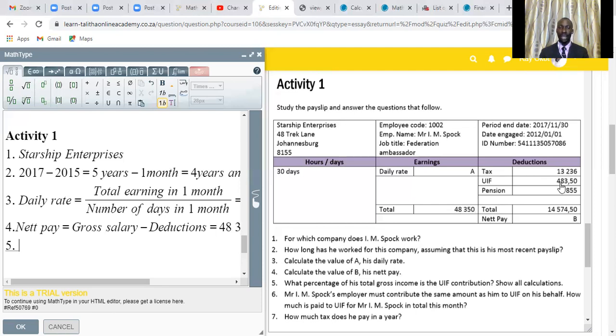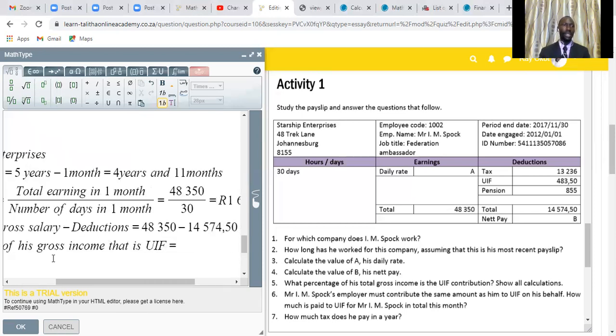And so we say the percentage of his gross income which is contributed as UIF. Okay, it's calculated from what? Well, it's a fraction expressed as a percentage.